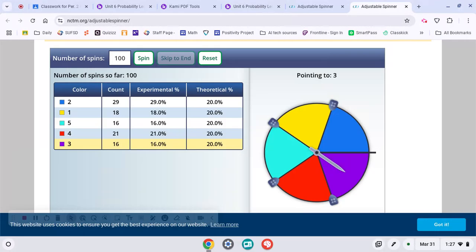That is pretty cool. I didn't even notice the theoretical column last. So the 2, we've got 29 times. The 3 is 16 times. 4 is 21 times. And the 5 is another 16 times. And again, we can put our 18%, 29%, 16%, 21%, and finally 16%.